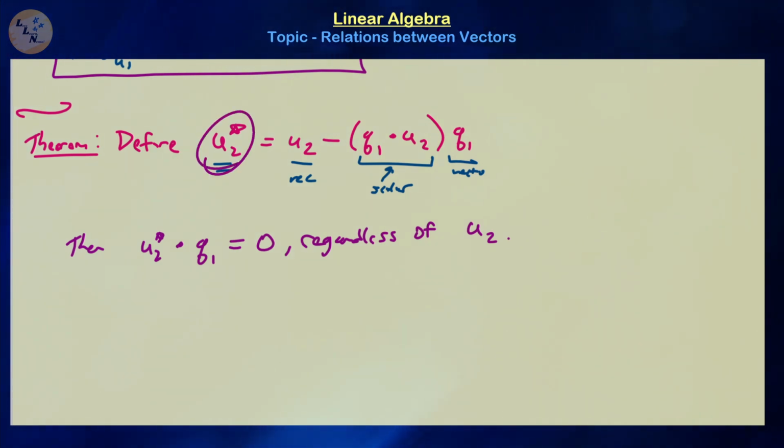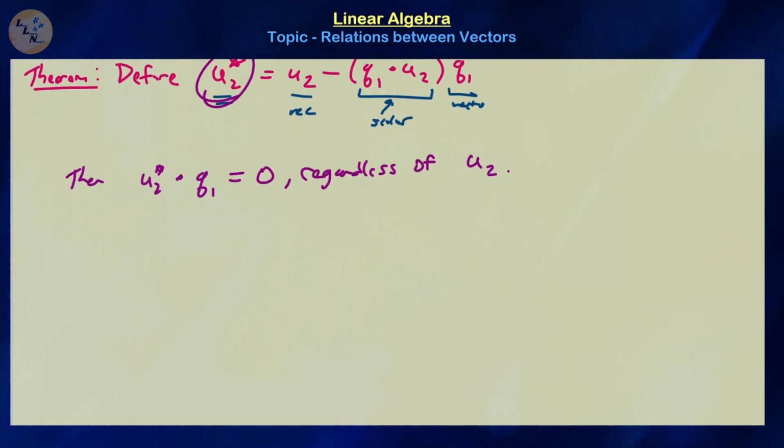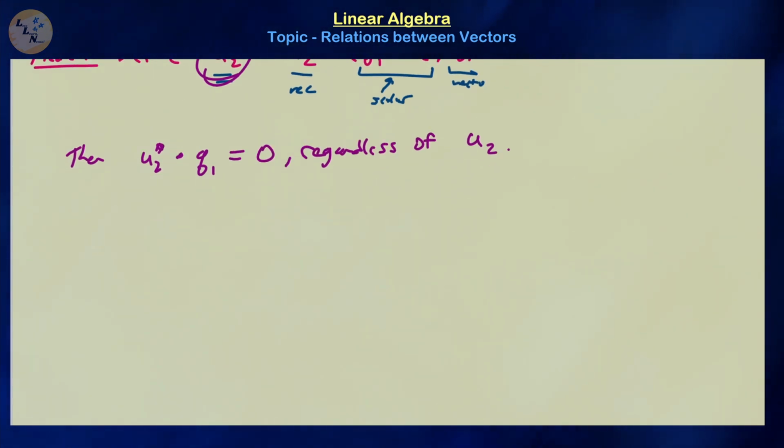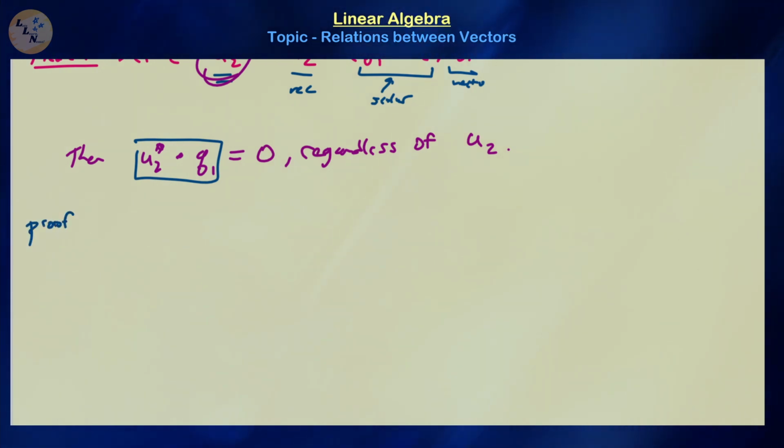And this transformed version of u2, which we call u2 star, is always orthogonal to q1. Which means it's also orthogonal to u1, but we like unit vectors because they're very pretty. So let's see if we can prove that these two vectors, u2 star and q1, are always orthogonal to one another, and then we'll look at why we care about it.